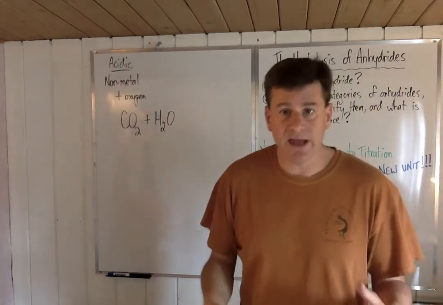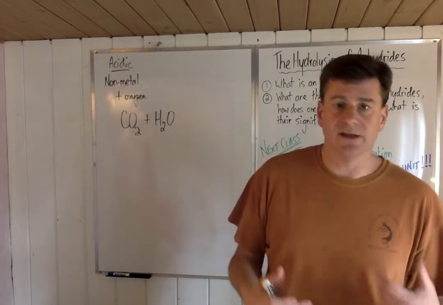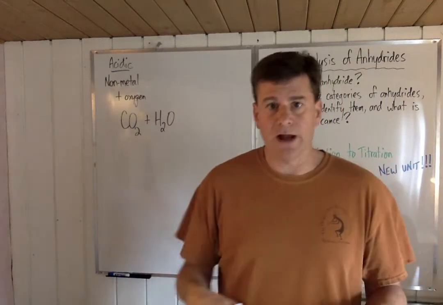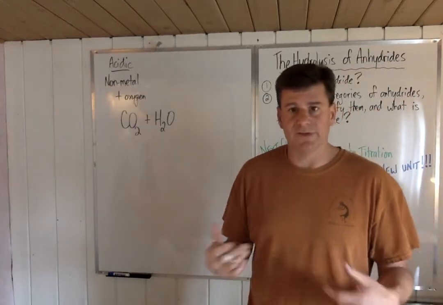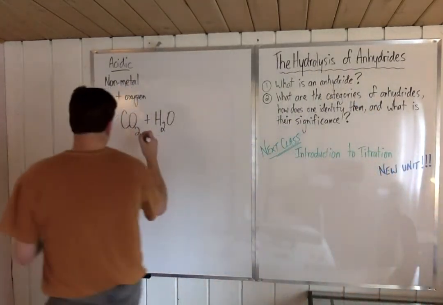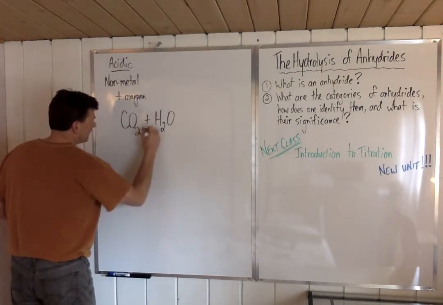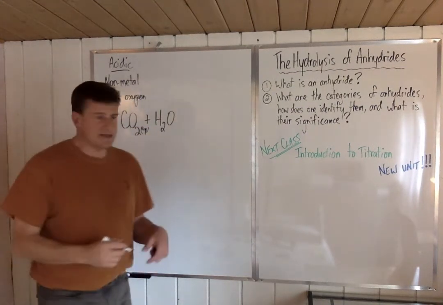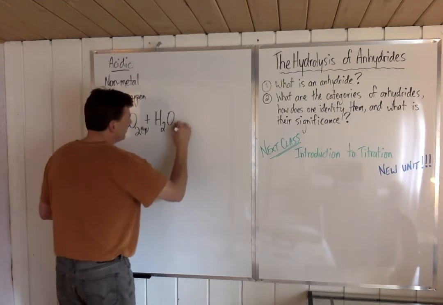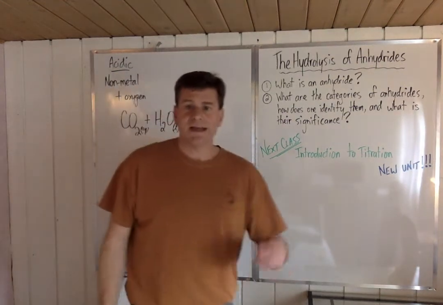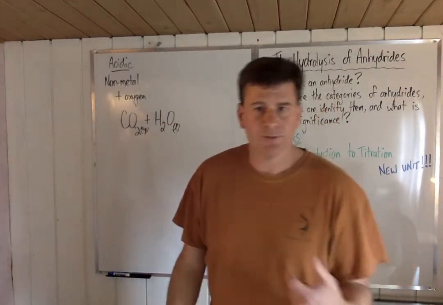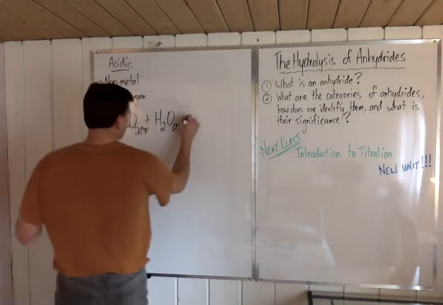So some of the aqueous carbon dioxide that floats around in the water, I should actually write a little aq here, will react with some of the water. Now, this reaction does not go 100%. This forms an equilibrium.